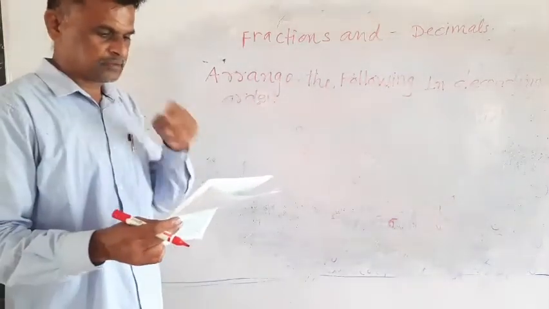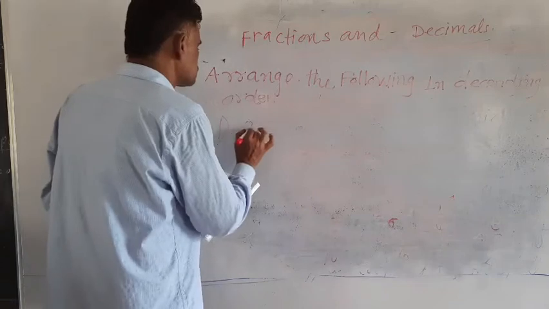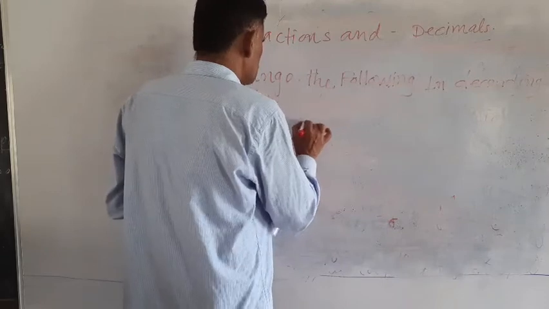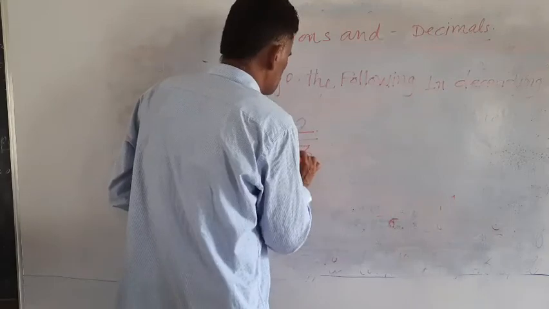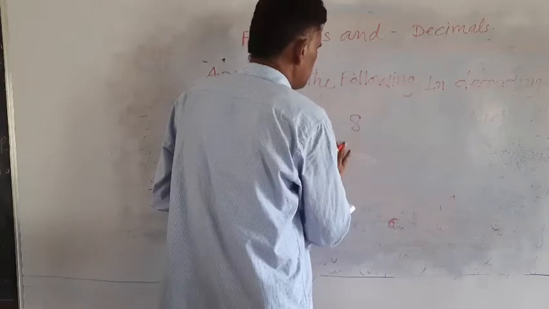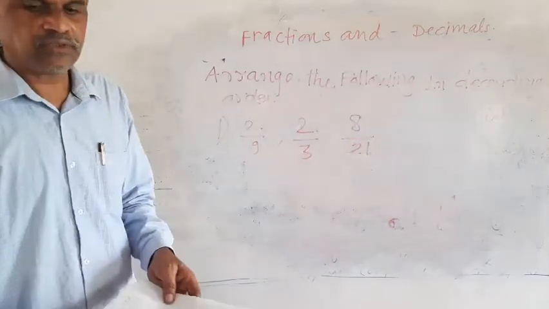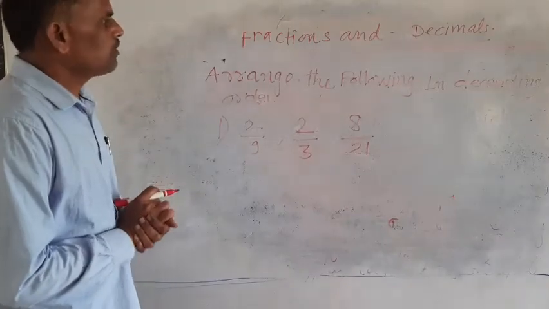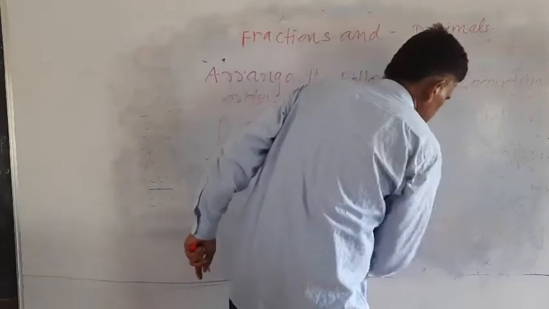You see here, 2 by 9 is one fraction, 2/3 and 8 by 21 are the fractions. We have to arrange these numbers in descending order. So dear student, look at the solutions.